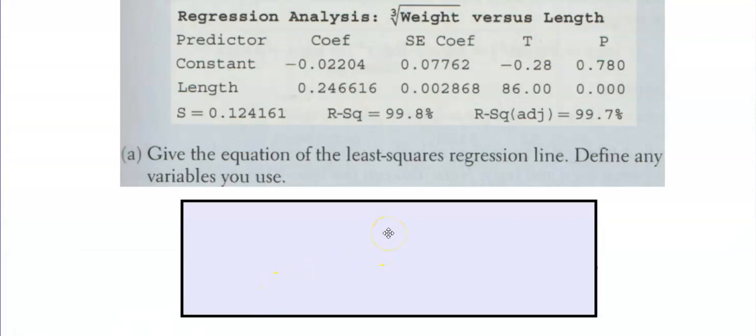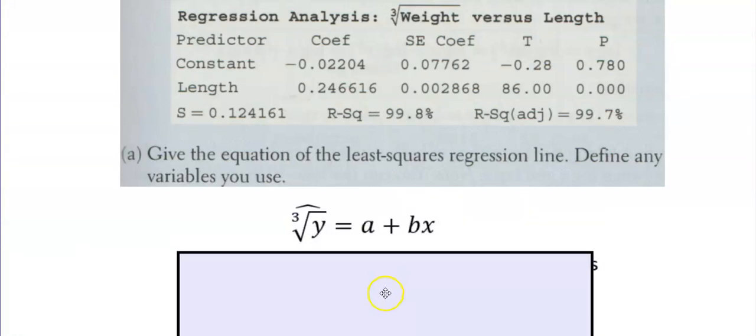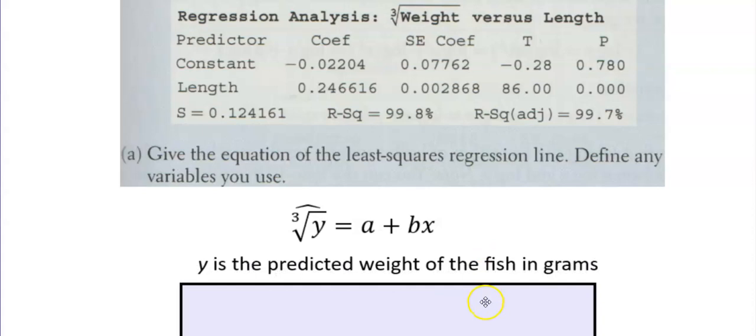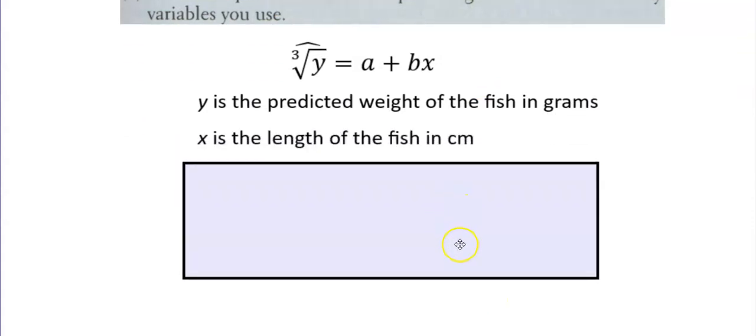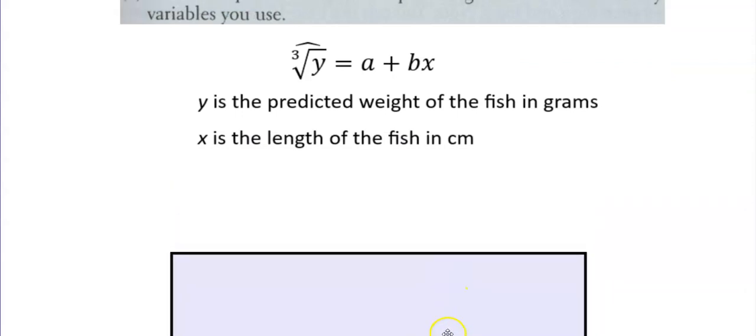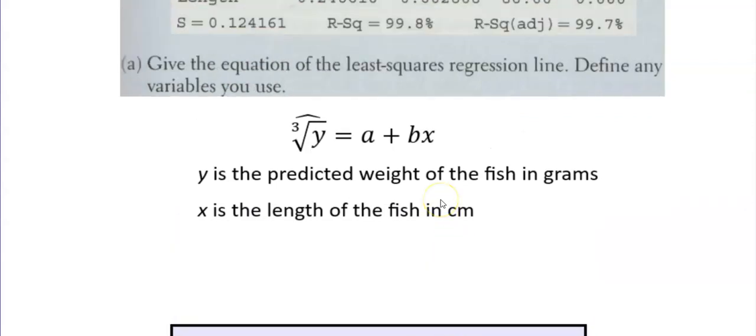All right, so my equation, I wanted to do the cube root of y hat is a plus bx, where y is, again, going to be the predicted weight of the fish in grams, x is the length of the fish in centimeters, the actual length. Oh my goodness, I did not write down what the equation was going to be.